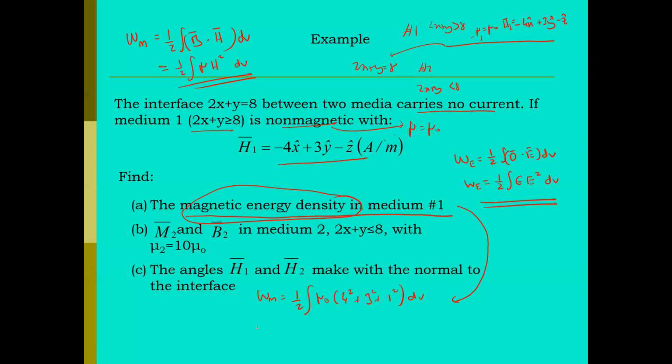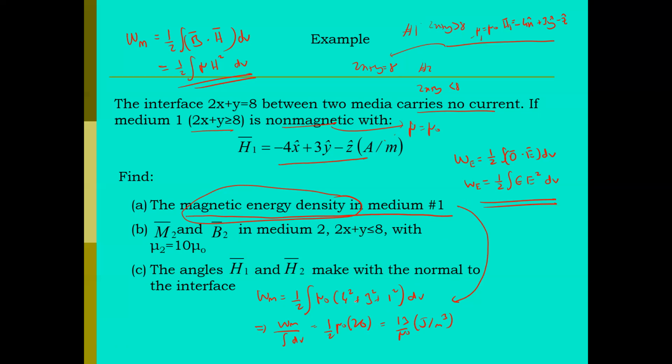The magnetic energy density can be obtained by simply bringing the integration of dV to the left hand side. So we have half of mu naught times 16 plus 9 is 25, plus 1 is 26. That gives 13 mu naught joule per meter cube. That is our magnetic energy density in medium number 1.